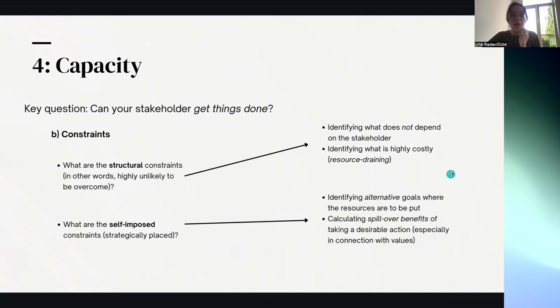And then you have self-imposed, more strategically placed constraints. So alternative goals was supposed to be under self-imposed. Apologies for that. And then another thing you might think about is the spillover benefits of taking a specific desirable action in the context of this debate.